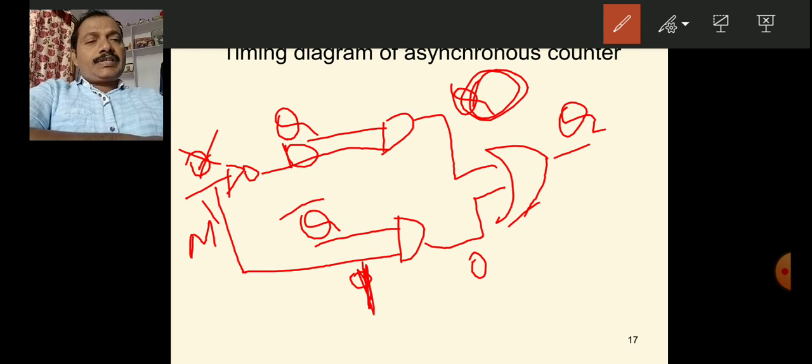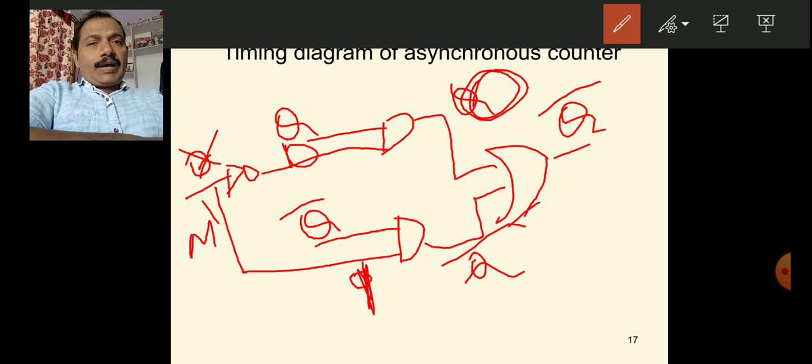That means this AND gate output is 1 dot Q bar, which is Q bar. So what is the output of the OR gate? Q bar. That means Q bar is going as a clock input to the next flip flop. Hence, it is configured as a down counter. Whenever you apply Q, it will act as an up counter. Whenever you apply Q bar, it will act as a down counter.